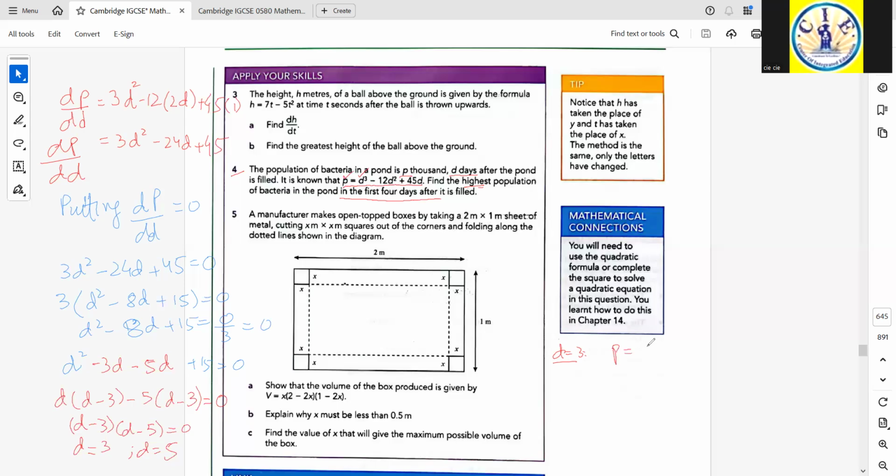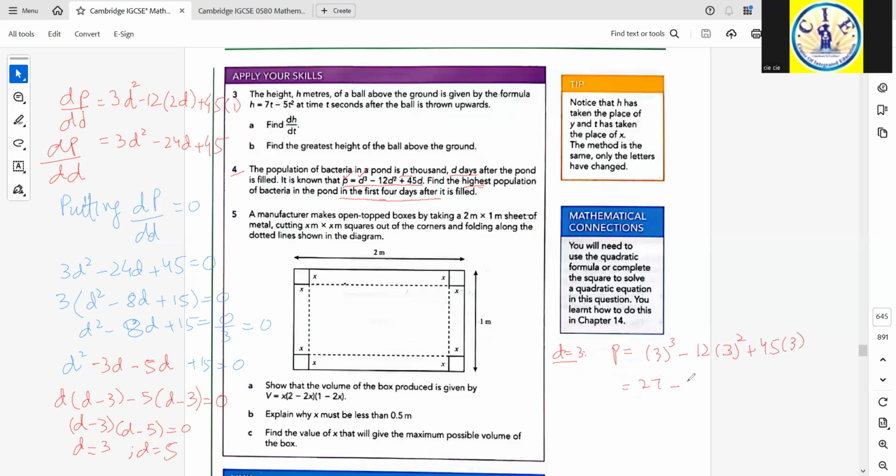We have to find the highest population in the first 4 days. So that will be after 3 days: 3 raised to power 3 minus 12 times 3 raised to power 2 plus 45 times 3.